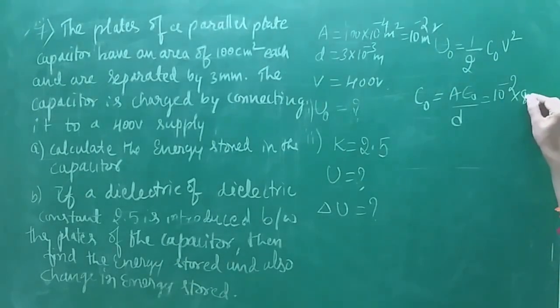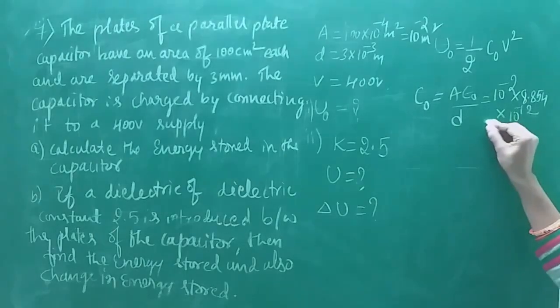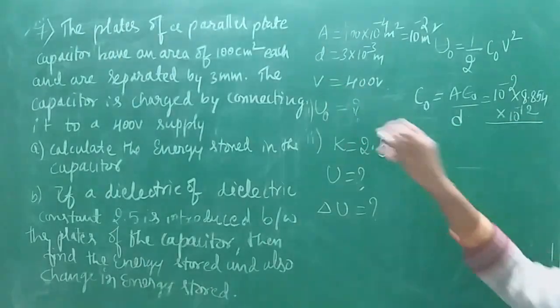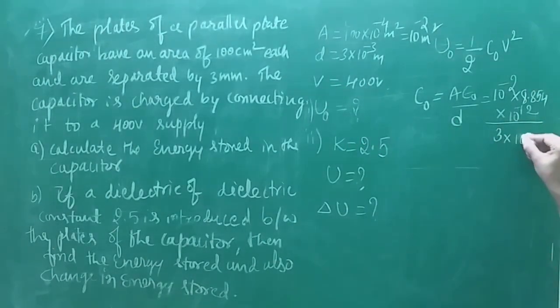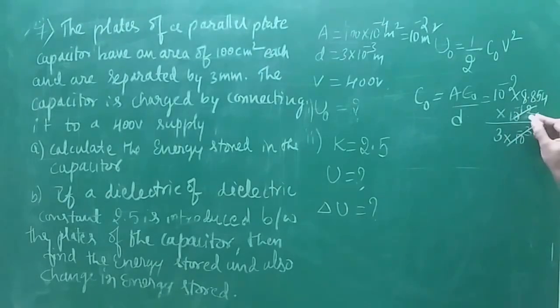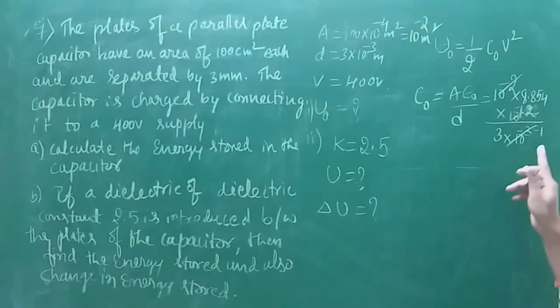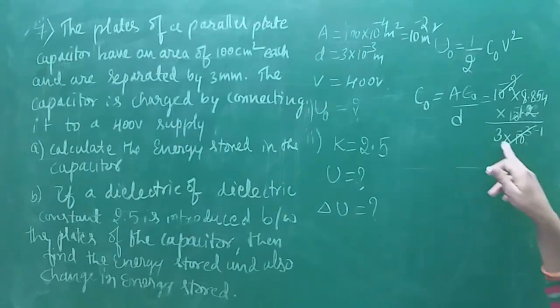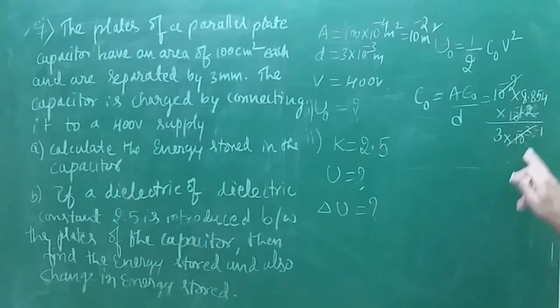Epsilon naught value is 8.854 into 10 to the power of minus 12 farad per meter, divided by the distance of separation, 3 millimeter, that is 3 into 10 to the power of minus 3. This minus 3 gets cancelled, keep minus 12 as it is. Minus 3, minus 2 gets cancelled. Remaining in the denominator is 10 power minus 1, that is 1 by 10. So 3 into 1 by 10 means 0.3.